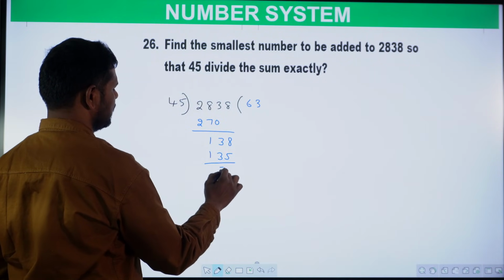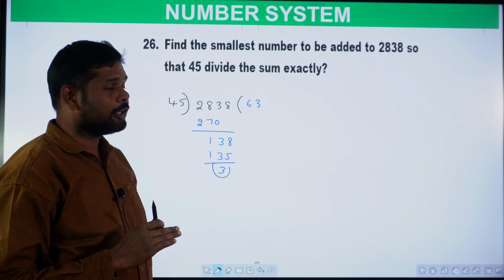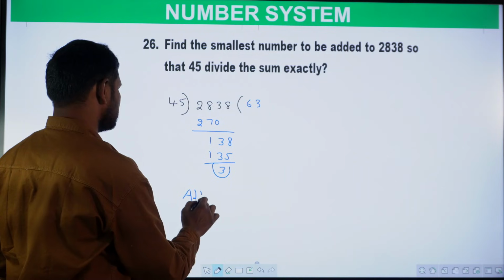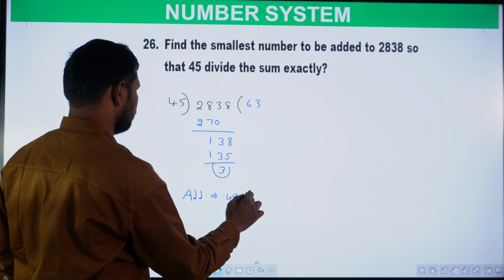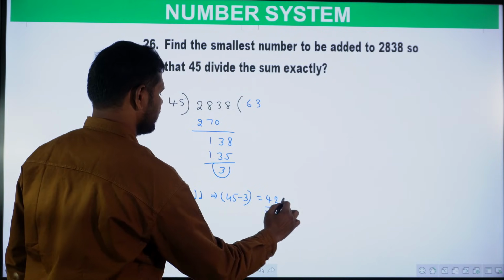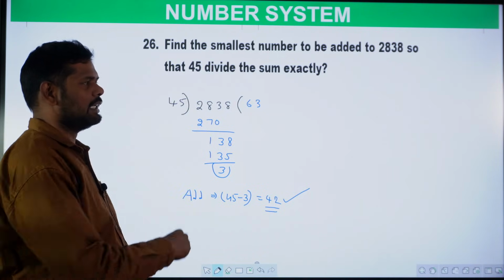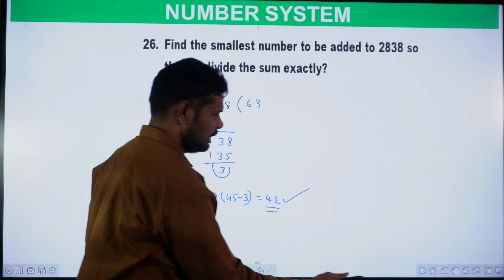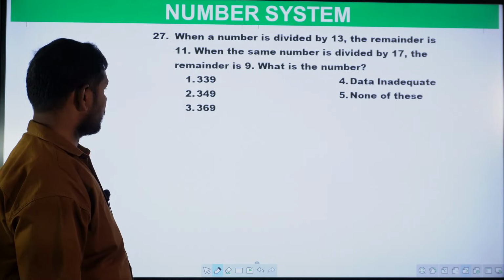What is the remainder? 3. What are they asking? The smallest number to be added. Adding means you take the difference of the divisor and the remainder: 45 minus 3, 42. You add 42 to 2838, then that number is exactly divisible by 45. That's it. So these are all very basic cases: adding, subtraction, division.